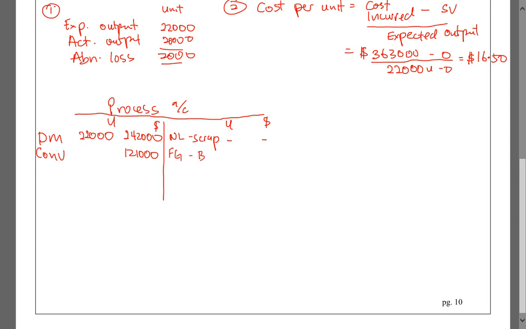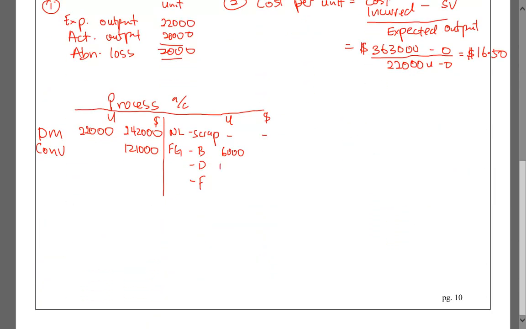And I have Bolly, Dolly, and Polly. 6,000 unit. 10,4. The value of this will be $16.50. 99. 66.